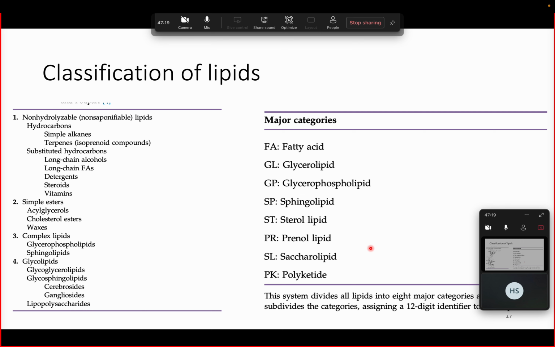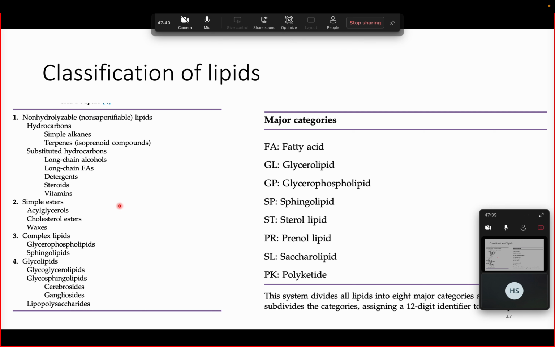But for the beginning purposes, the first table classifies lipids into 4 different groups, right? The first group is called non-hydrolyzable lipids, which means they won't be further hydrolyzed.